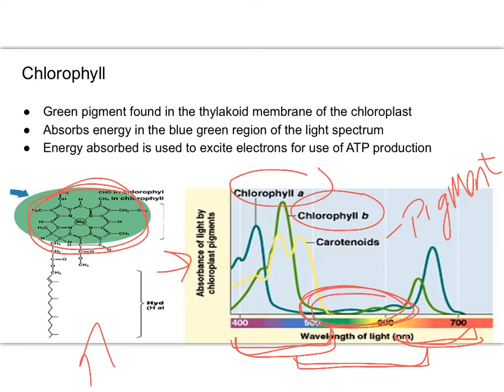So chlorophyll is the pigment that makes the plant look green because it bounces back a lot of green and yellow light. But it's really good at absorbing purple, blue, some oranges, some reds. So that energy that's absorbed from the light is used to excite electrons. That energy is used to basically power the ATP production of the light reactions.